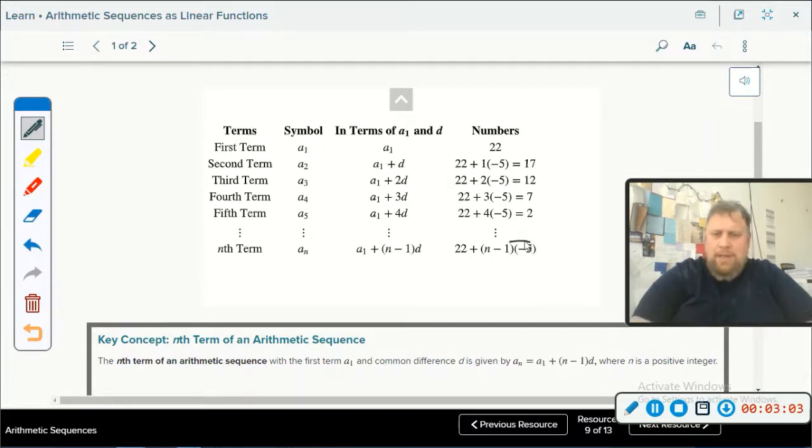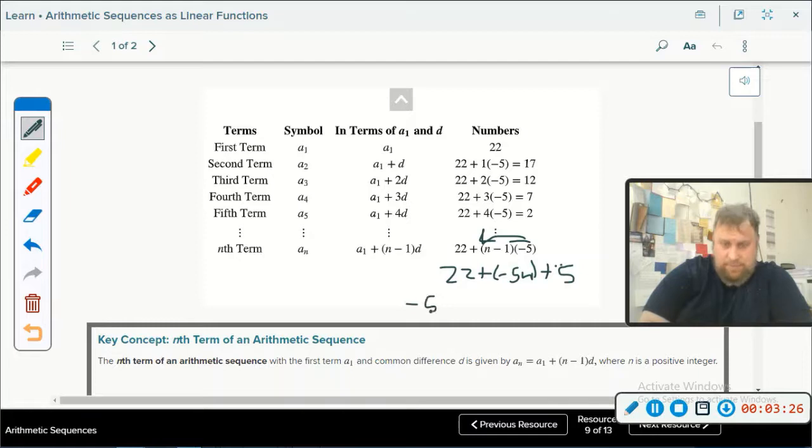Now, I'm going to distribute this negative 5. And I get 22 plus negative 5n. What's negative 5 times negative 1? Plus 5. Here's where it gets cool. So I'm going to put the negative 5n in first.